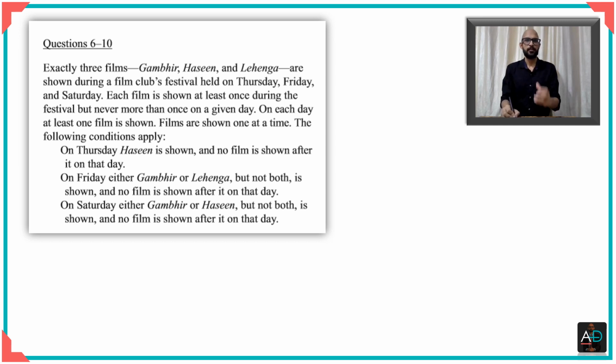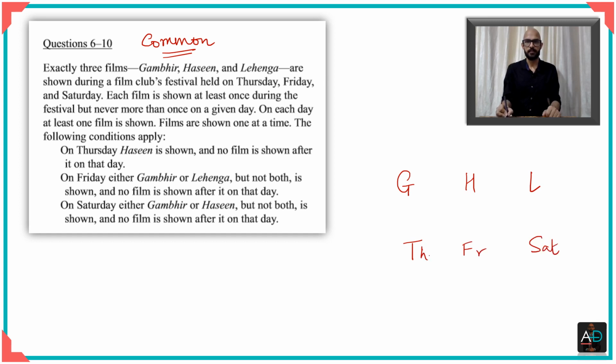We'll start by trying to make some sense of these lines which are common to all of the questions. These are the common rules, the general rules. Okay. So as you can see, it talks of 3 films: Gambhir, Haseen and Lehenga. And then in the film festival that is held on Thursday, Friday and Saturday.